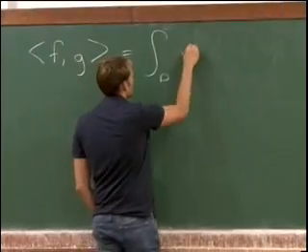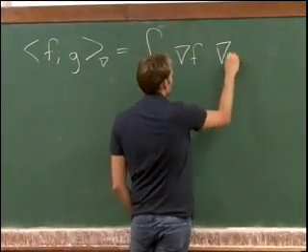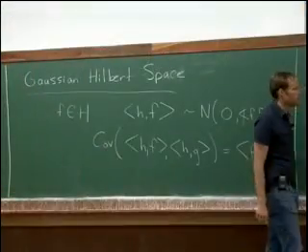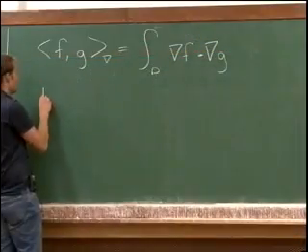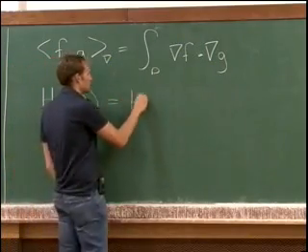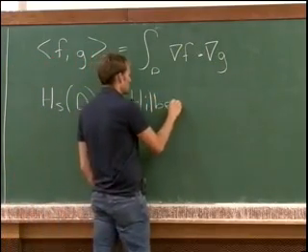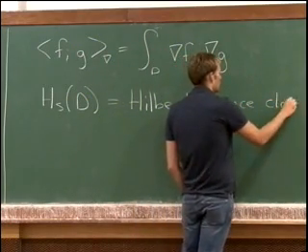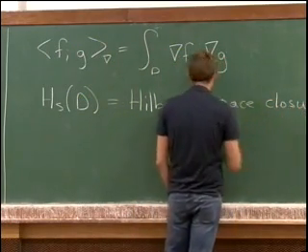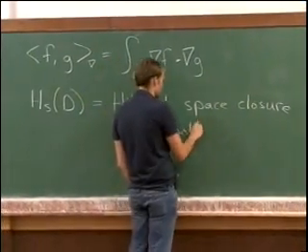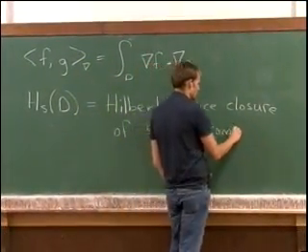The inner product of f and g is the integral over D of grad f dot grad g. So that's the inner product we use throughout. And then you let H_s of D be the Hilbert space closure of smooth, compactly supported functions in D.